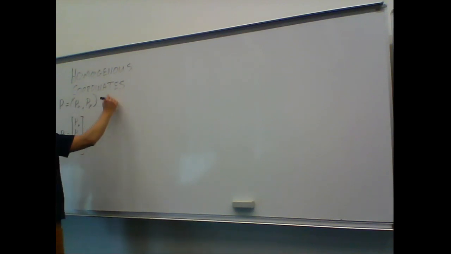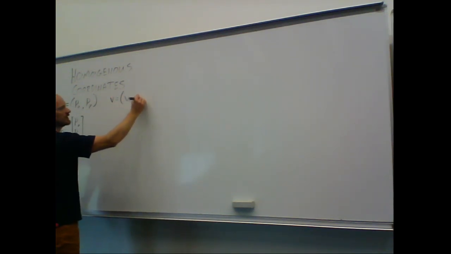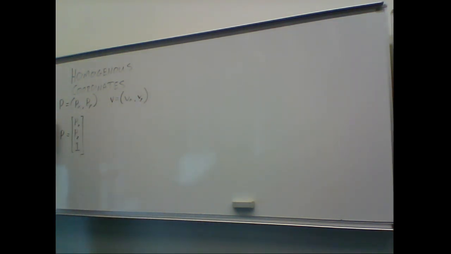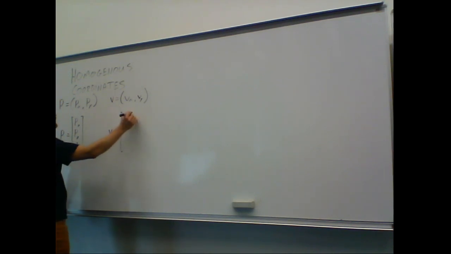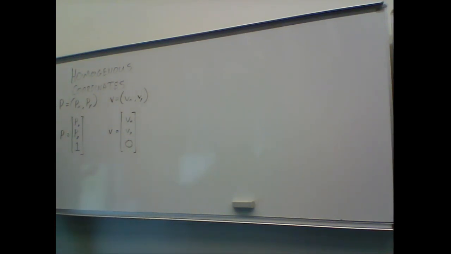I also have the vector v, which has the coordinates vx and vy. But for my calculations, I want to define it this way: v is again a 1 by 3 column matrix, vx, vy, and 0.